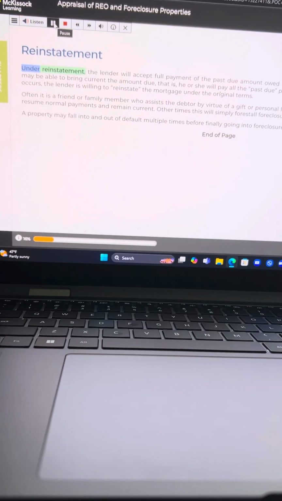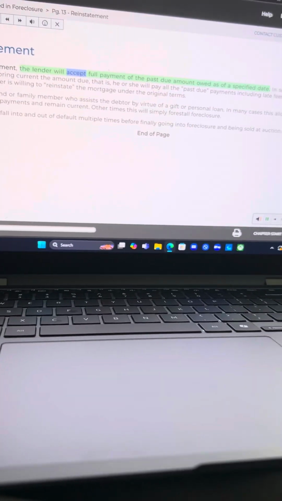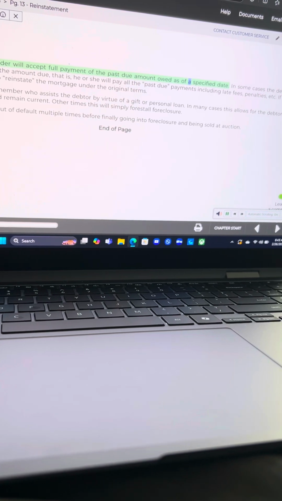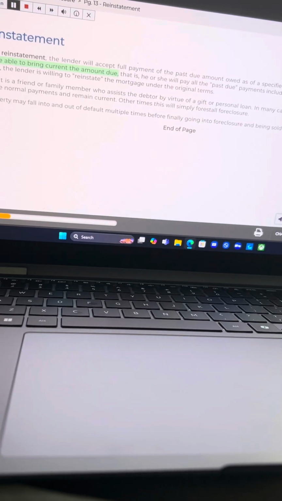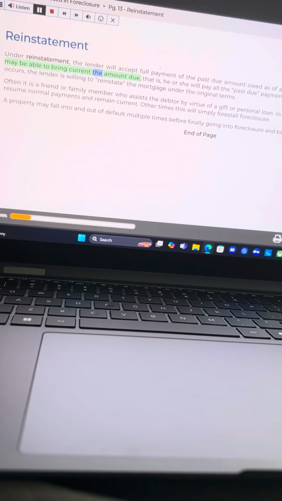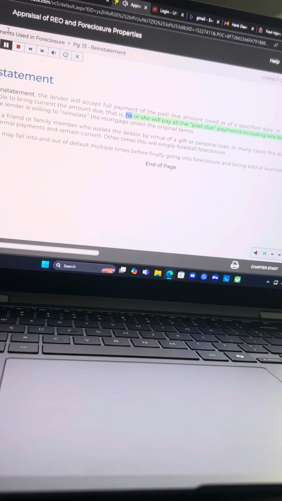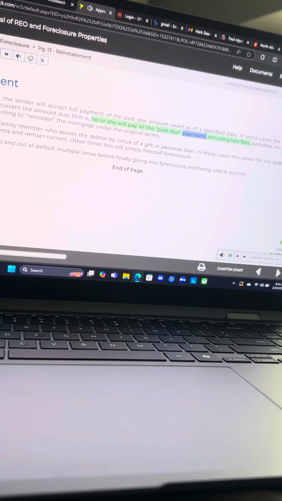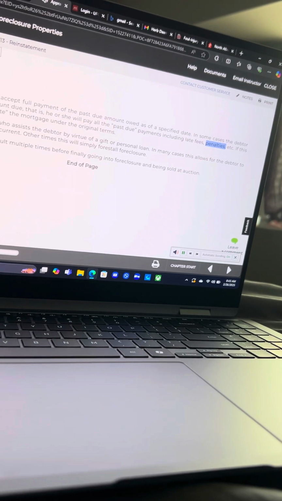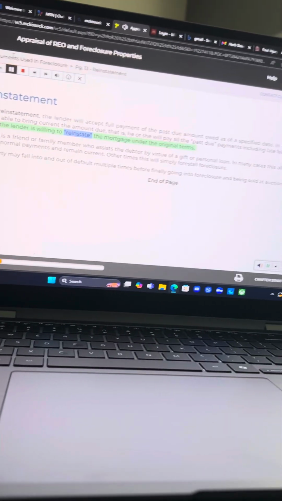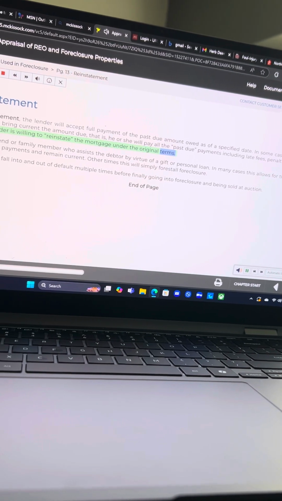Reinstatement. Under reinstatement, the lender will accept full payment of the past due amount owed as of a specified date. In some cases, the debtor may be able to bring current the amount due. That is, he or she will pay all the past due payments including late fees, penalties, etc. If this occurs, the lender is willing to reinstate the mortgage under the original terms.